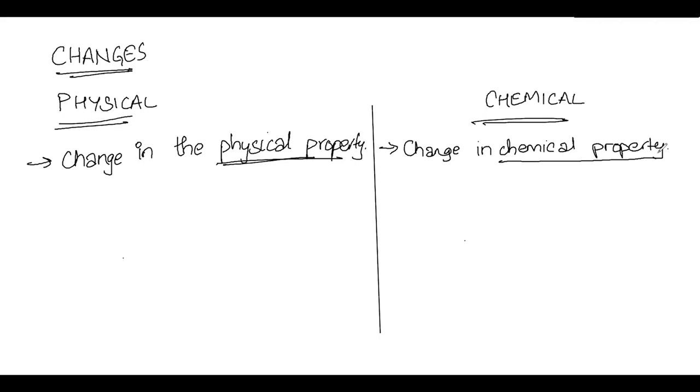For example, if you burn a paper, after burning we are left with ash. So our earlier product was paper, and after the reaction with fire it has turned into ash, which is different from what paper was. So the chemical property, that is the composition of the original product, is changed in a chemical change.